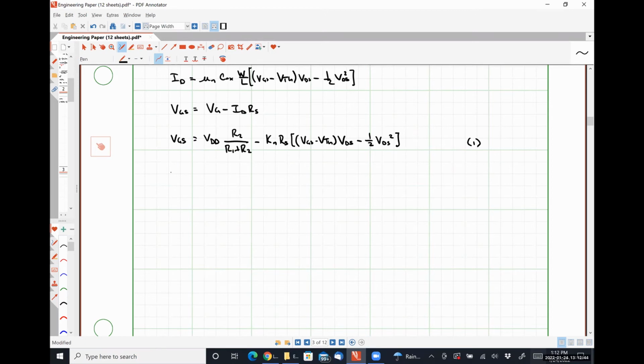We find that VDS is equal to VDD minus RD plus RS times ID, and substituting in our equation for ID, this becomes VDD minus Kn times RD plus RS multiplied by VGS minus VTH times VDS minus 1/2 VDS squared.